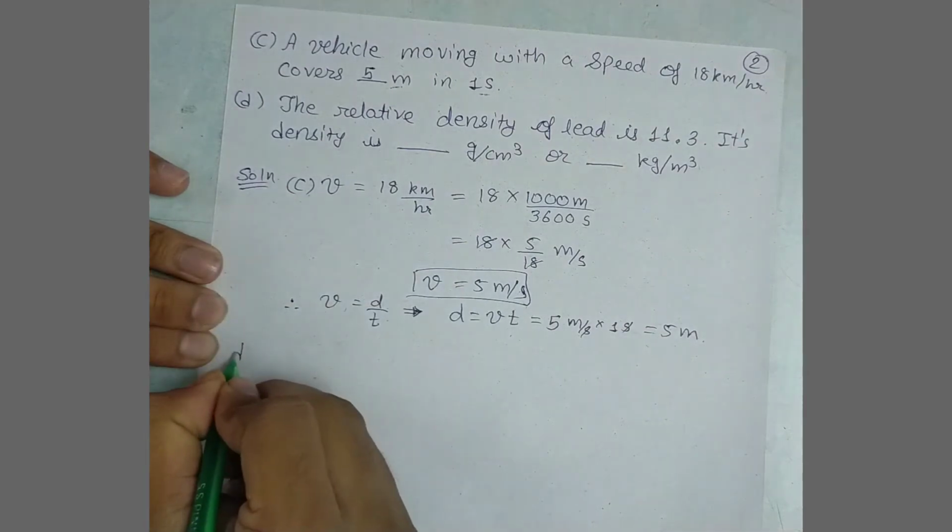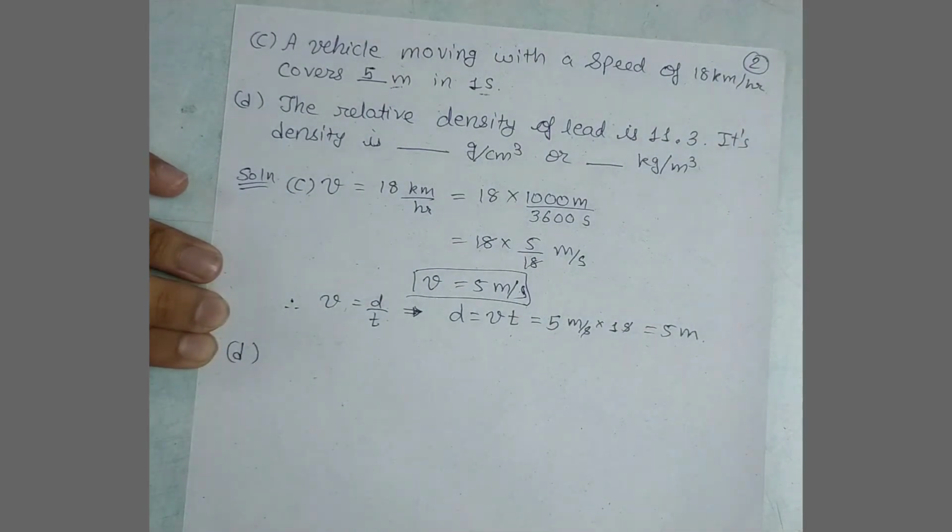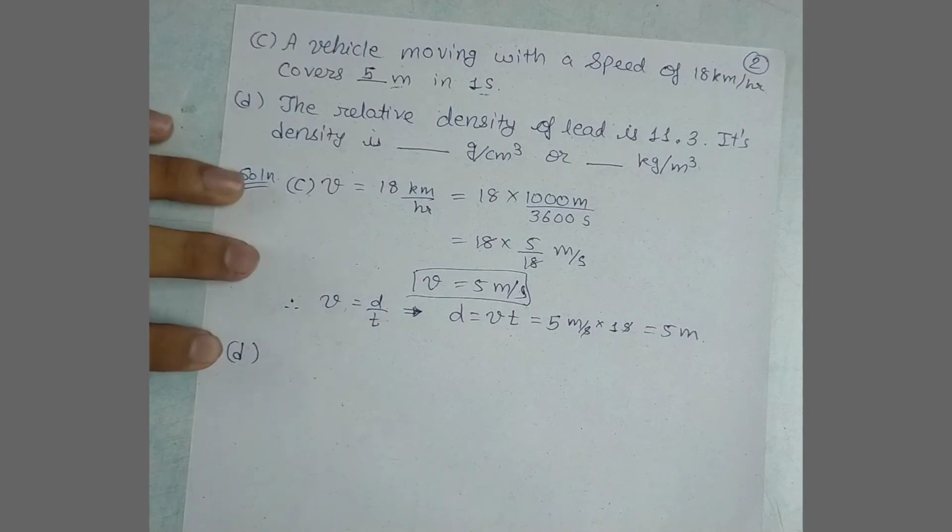Let us discuss the D part of the question. The relative density of lead is 11.3. Its density is blank in gram per centimeter cube or blank in kg per meter cube.